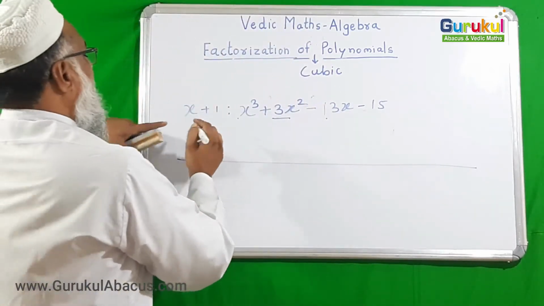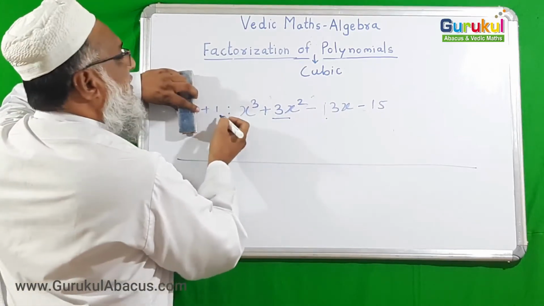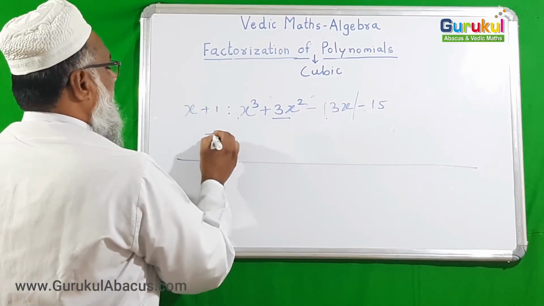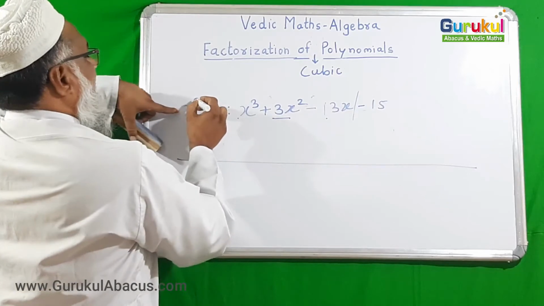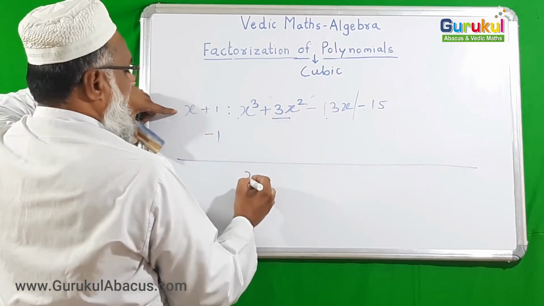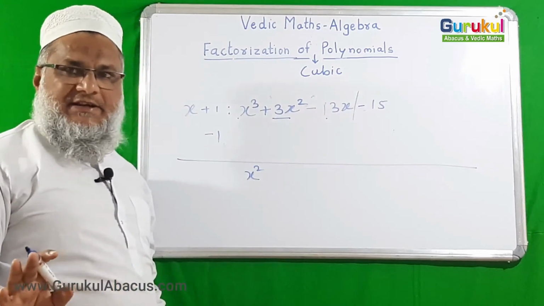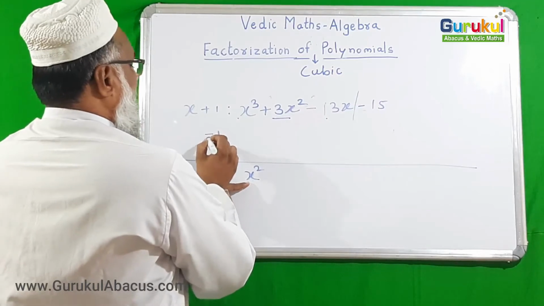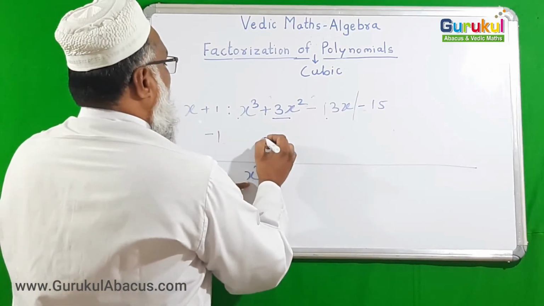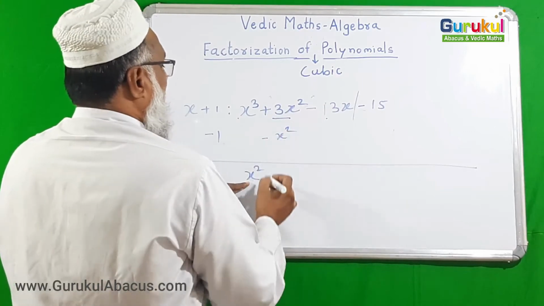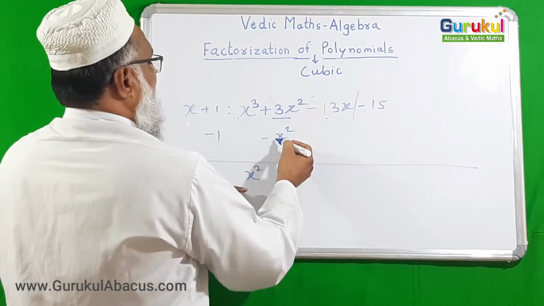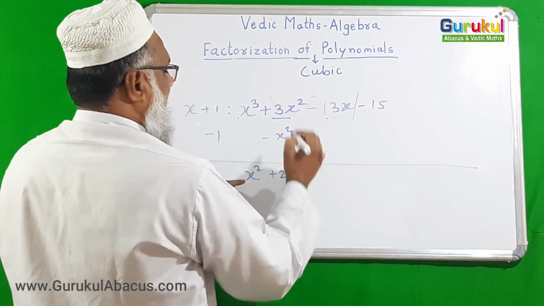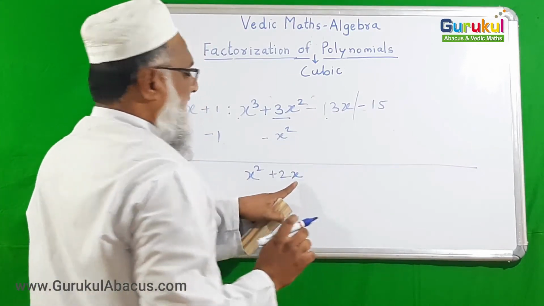What are we doing? We hide the first term, then one term is remaining, so we put it before the cross line, and since plus 1 is there, we put minus 1 here. The power is 3, so 3 minus 1, the first term's power is 2, so x square. Now x square into minus 1 is minus x square. Now 1 minus 1 is... 3 minus 1 is plus 2, and from x square the power decreases by 1, so only x remains.